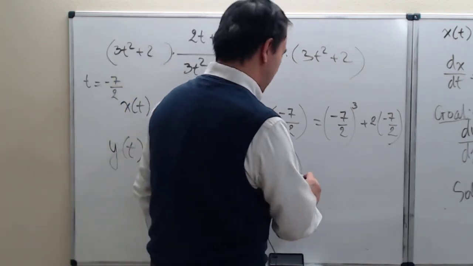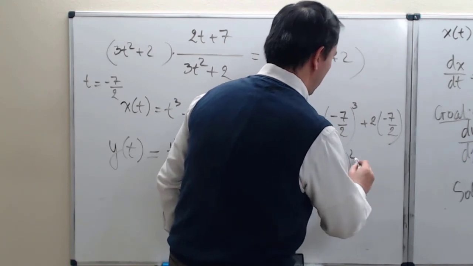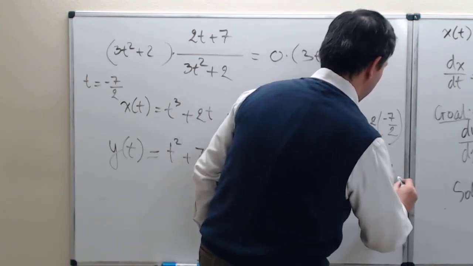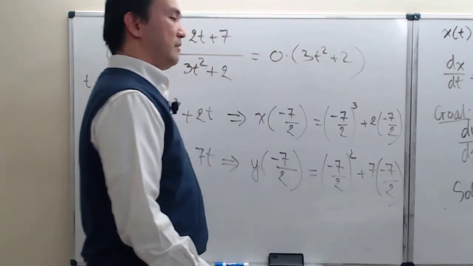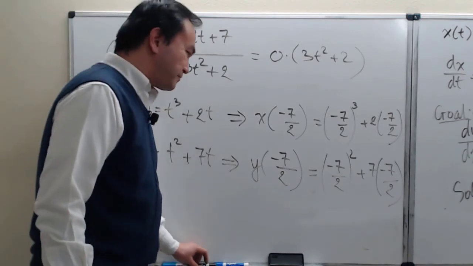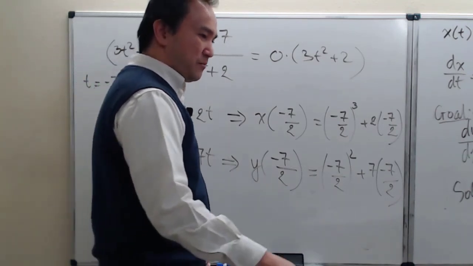That gives me negative 7/2 all squared plus 7 times negative 7/2. Then I'm going to quickly step away for a quick calculation, and viewers, you are more than welcome to come up with your own answer as well.